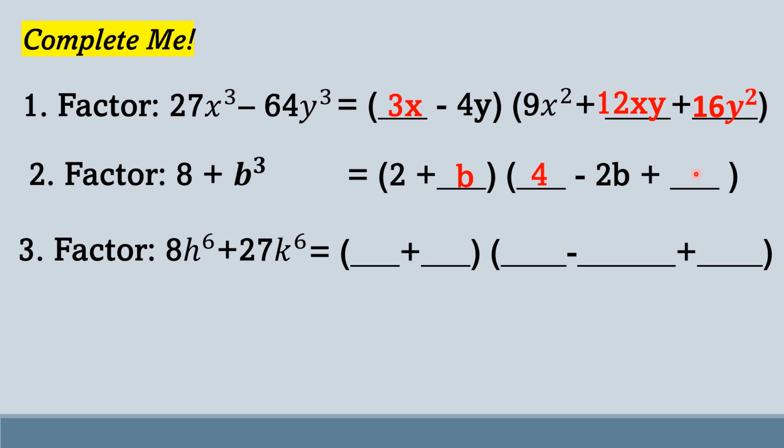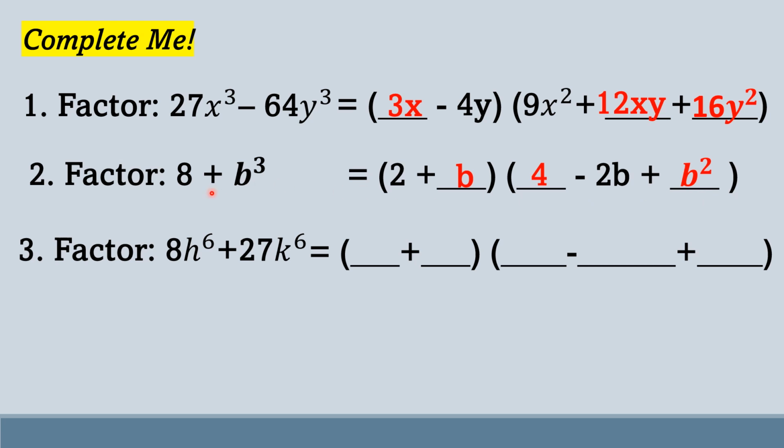In order to get the last term of the second factor, get the square of the second term of the first factor. So we have b squared.